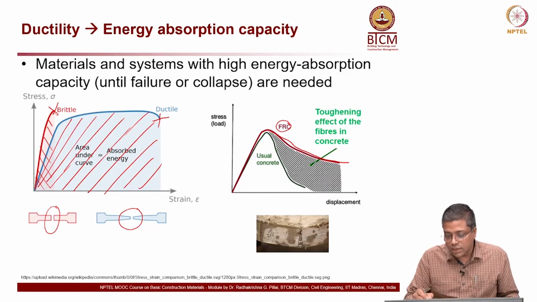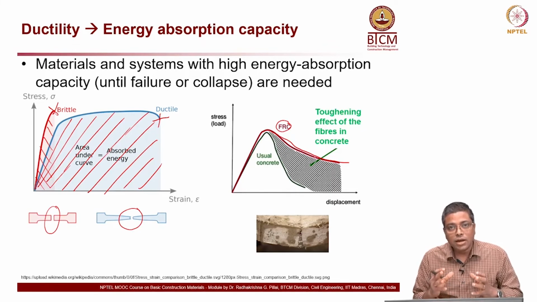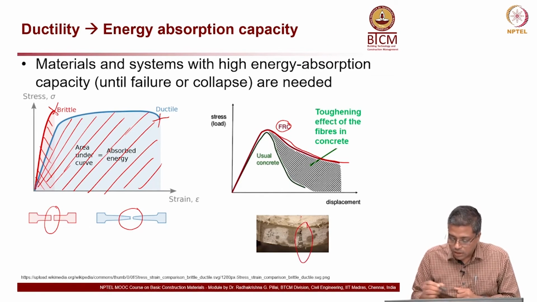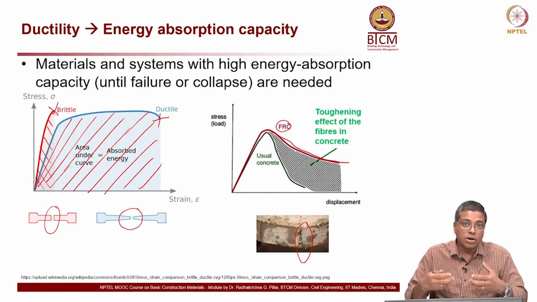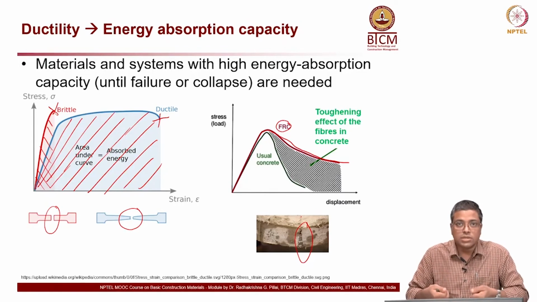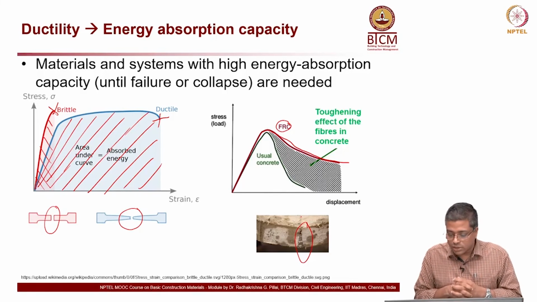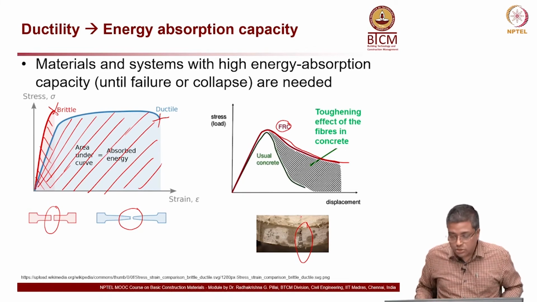So, this shaded region, the black hatch which you see, is the additional energy which the fiber reinforced concrete is able to absorb. And you can see here a photograph showing the fibers inside the concrete which get stretched and are able to absorb more energy before the concrete system fractures or fails. So, the toughness of the concrete is higher, it needs more energy to break it.